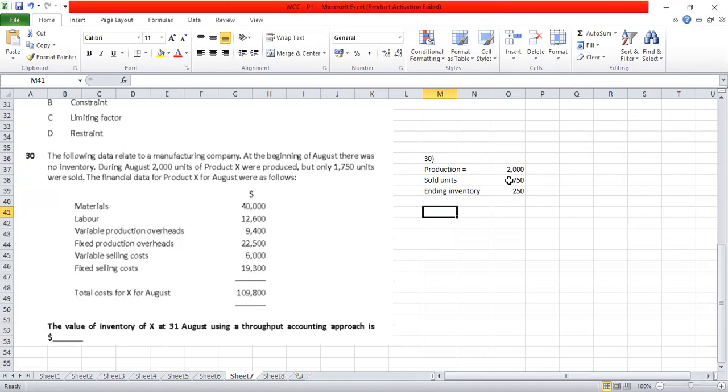So the logic, we can present it in a simple way: if they have spent $40,000 to produce 2,000 units, that's the number of units produced. The value of the ending inventory, which is 250 units, would be how much? How much would be the cost for those 250 units? So that's the logic.